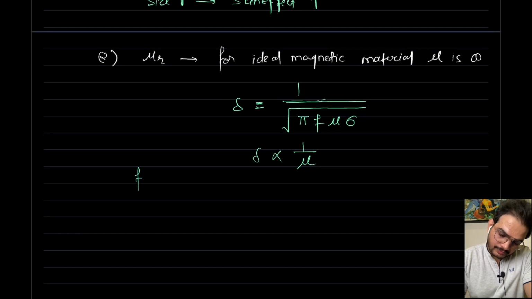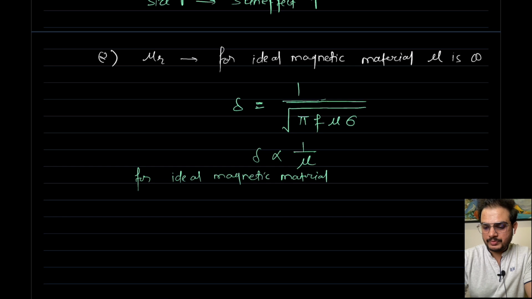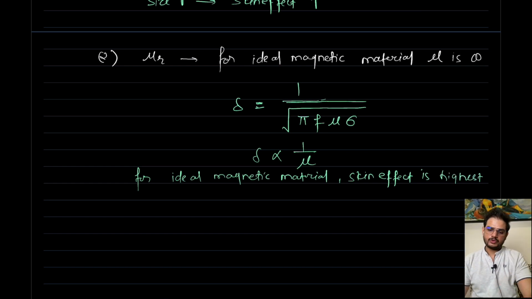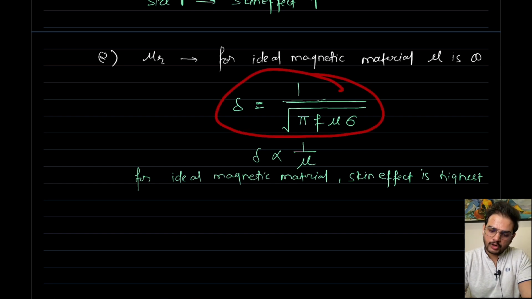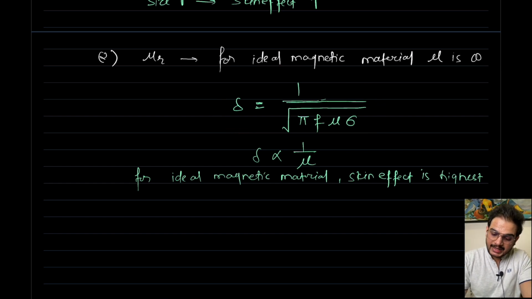So for ideal magnetic material, skin effect is highest, or we can say infinity. Now let's take the third factor.